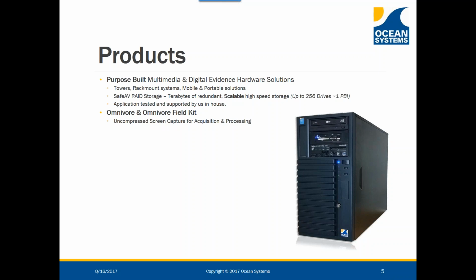And now we're moving to 6 terabyte drives, so we're even scaling beyond that. All of our hardware is application tested and supported by us in-house, so you're not going to a call center. You're getting familiar names and faces and experts to support all of those solutions.